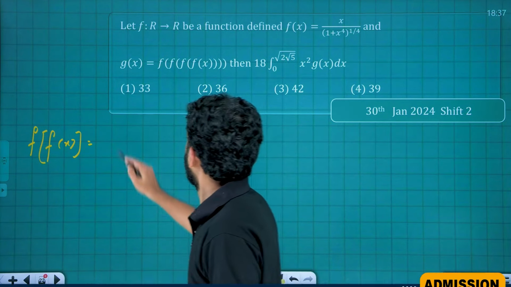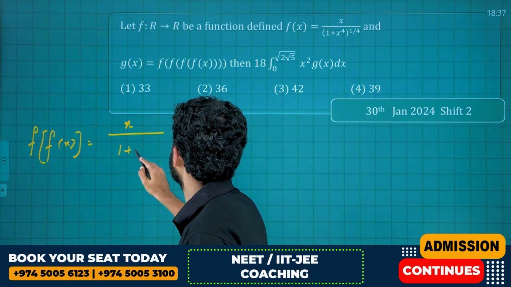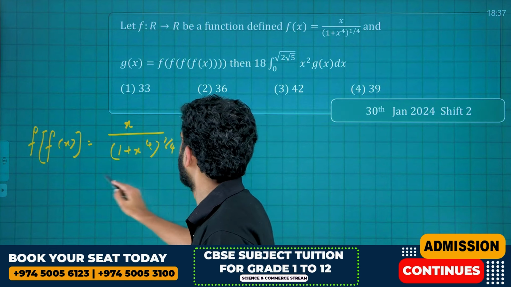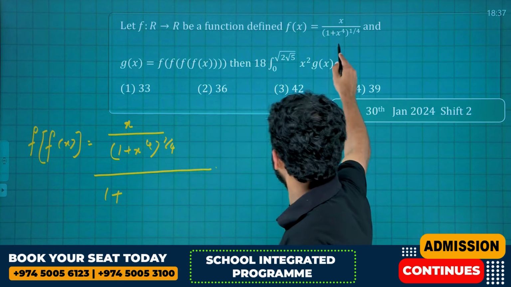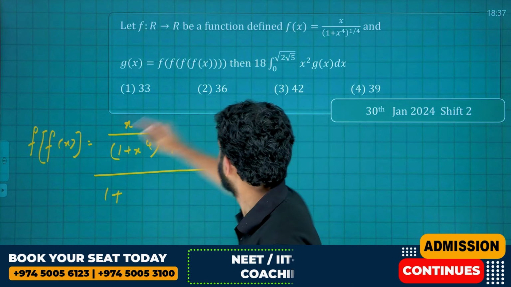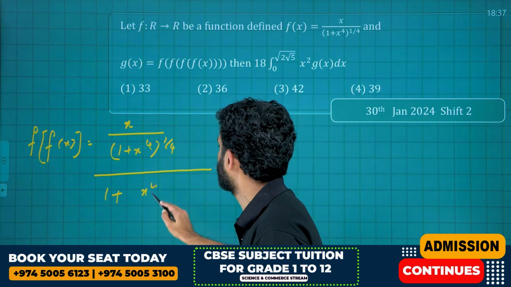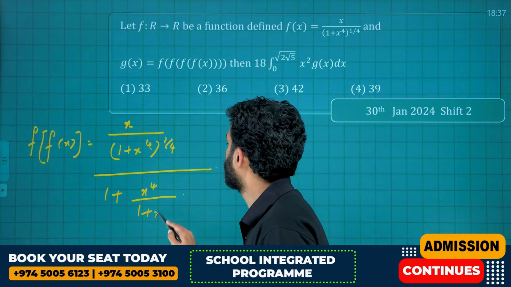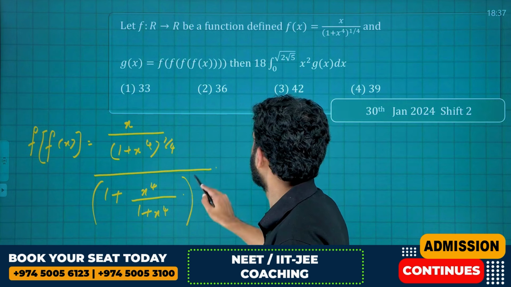So this will be x by (1 plus x raised to 4) the whole raised to 1 by 4, divided by 1 plus, instead of x we will have f of x, that is f of x raised to 4. This becomes x raised to 4 divided by 1 plus x raised to 4, the whole raised to 1 by 4.